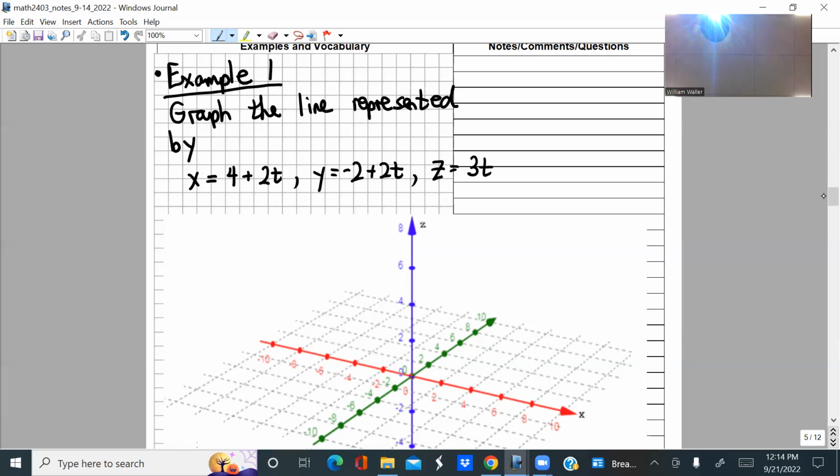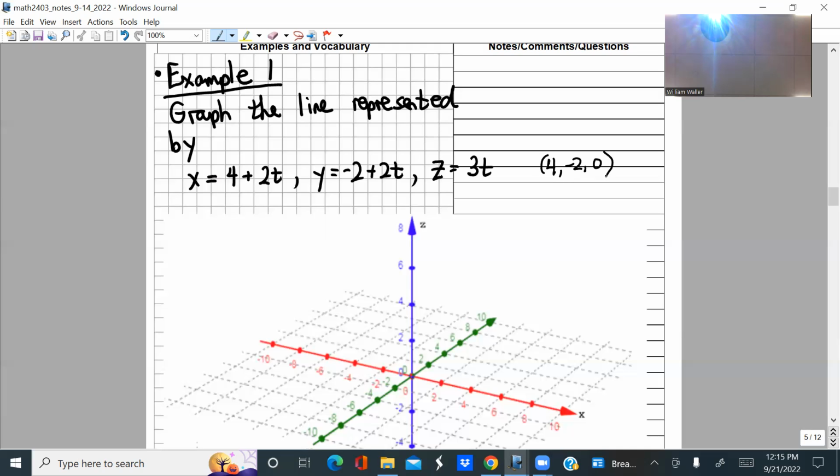First, let's find a point on the line, though. So, what is one point that's on this line? How can you find one point easily off this line? Yes, 4, -2, and 0, right?